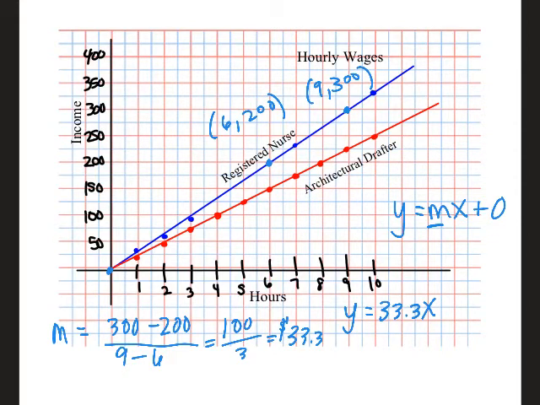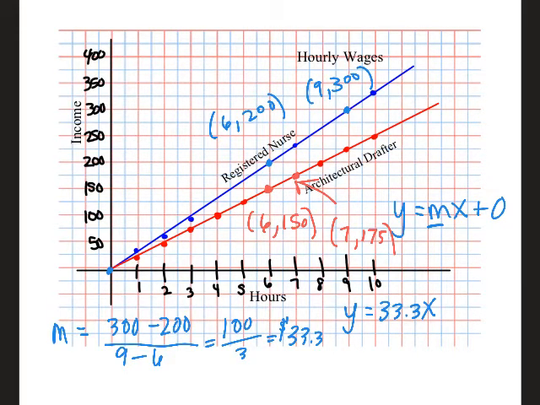All right, now we got to do the architectural drafter. And here I'm going to find some points as well. Let's see, I'll use this one and this one. Those two are right on. Actually, they got all their points right on. So this is the point 6, 150. And the point 7, this one here, is 7, and it's in between, so 175.